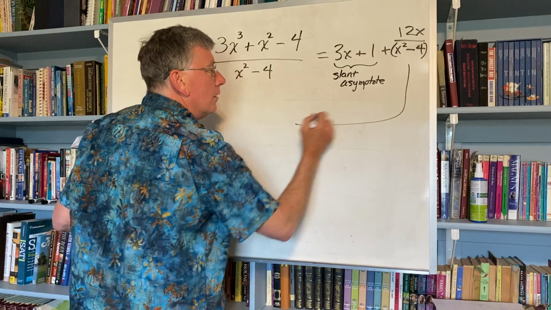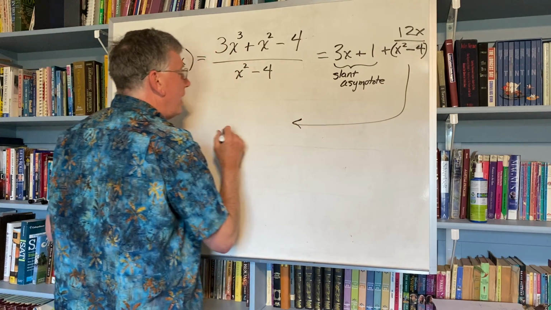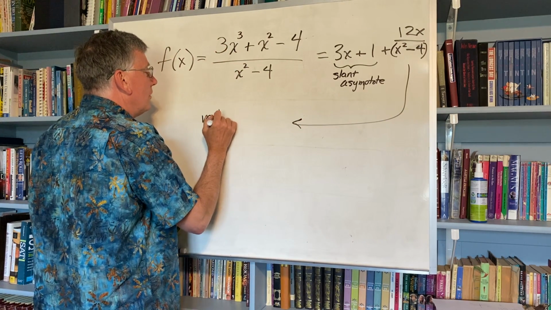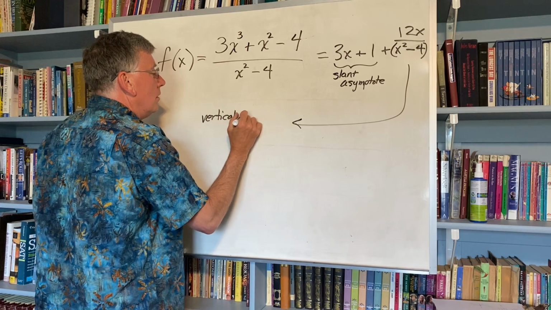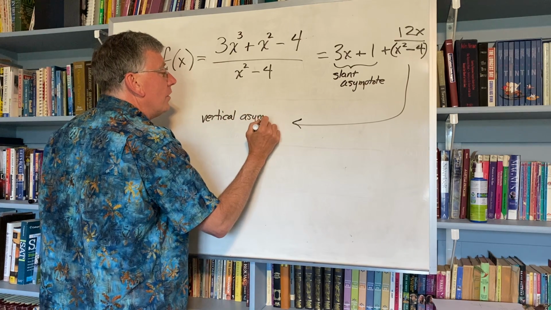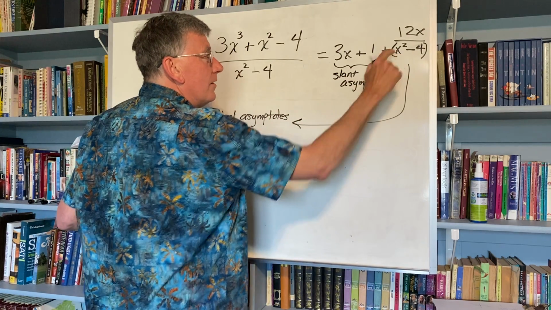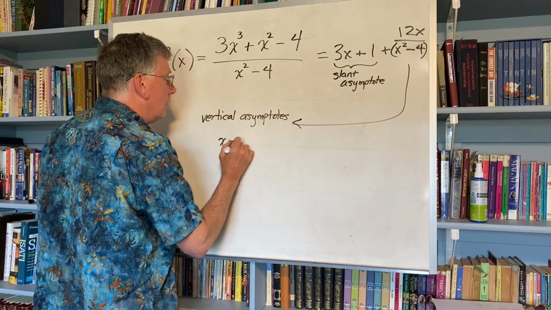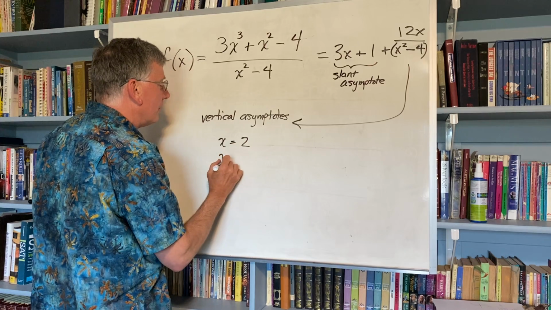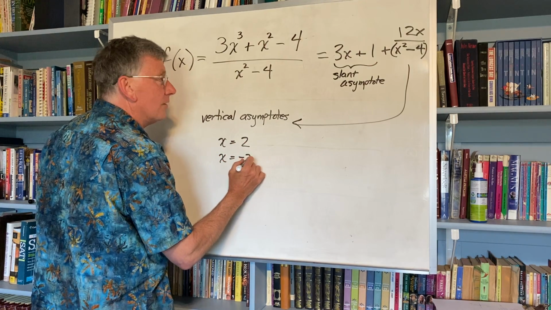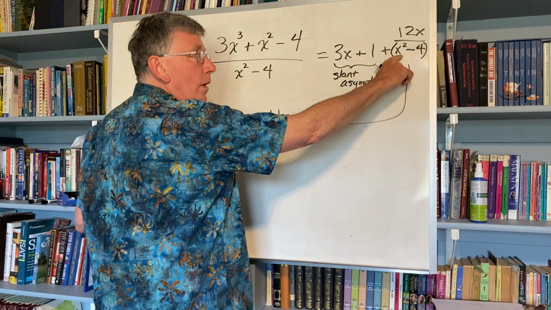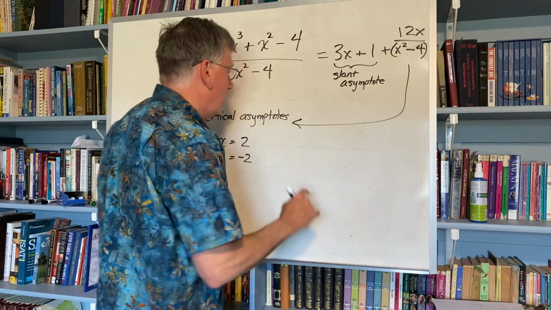From here, I'm going to find my vertical asymptotes, and those are wherever the denominator is equal to 0. Well, it happens when x equals plus 2, and it happens when x is equal to minus 2. 2 squared minus 4 is 0.